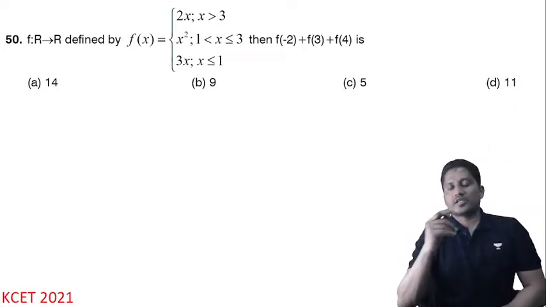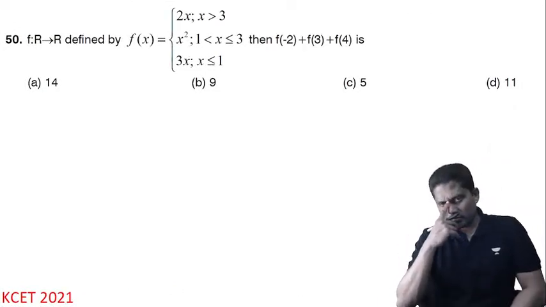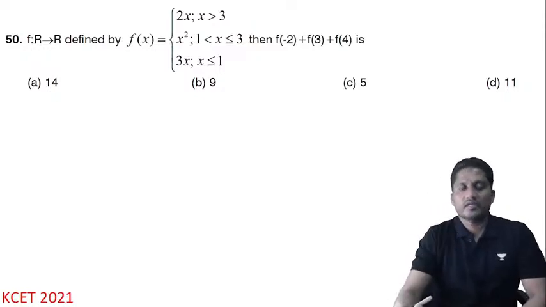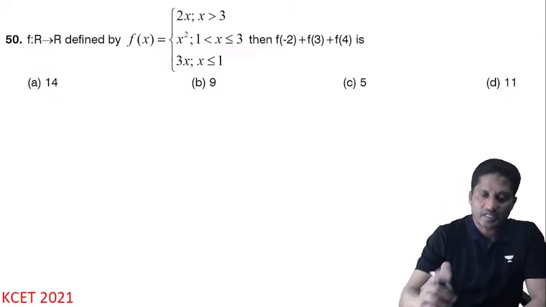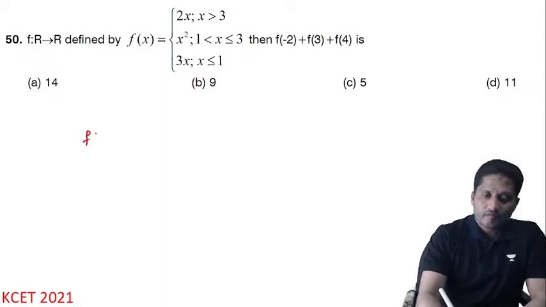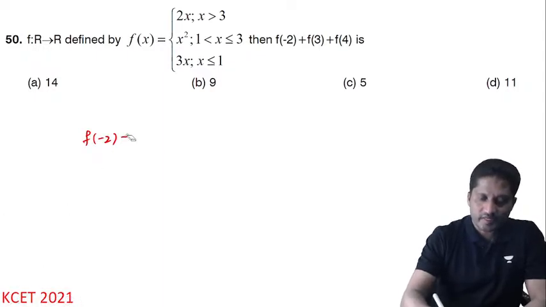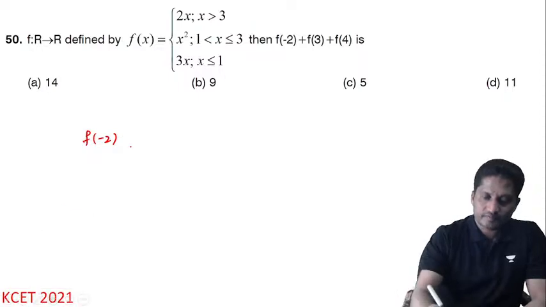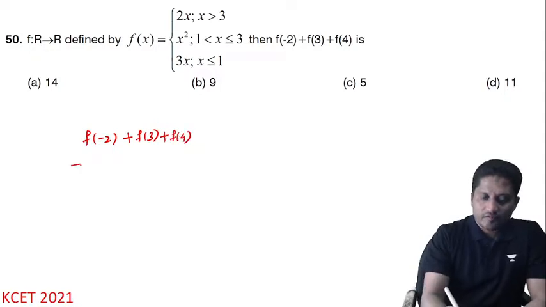This question was asked in 2019 paper as well. It is repeated actually. Exactly same problem. F of minus 2 is equal to f of minus 2, let me write here, f of minus 2 plus f of 3, plus f of 4. F of minus 2 will be less than 1, right?